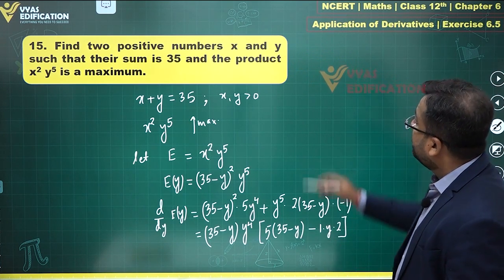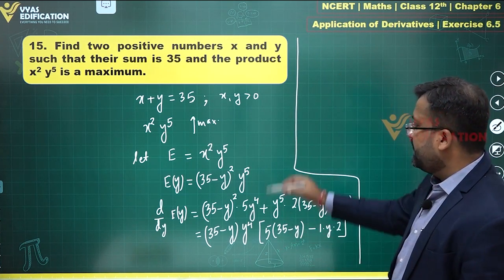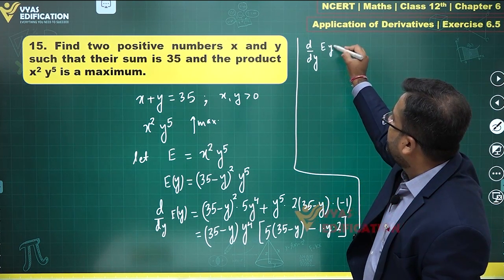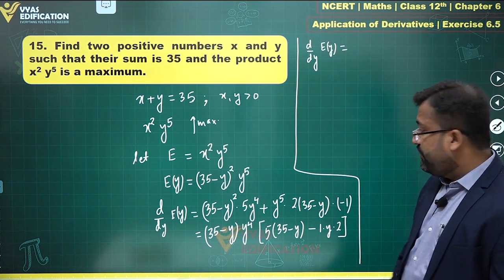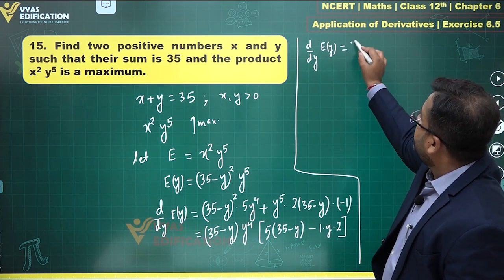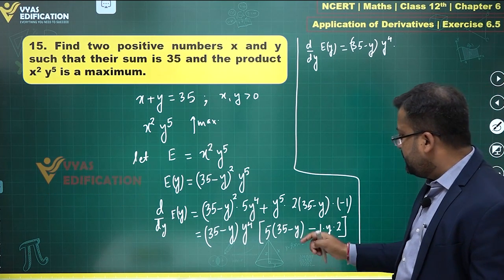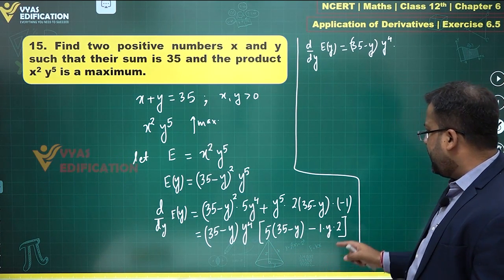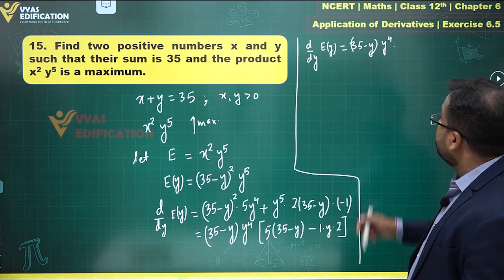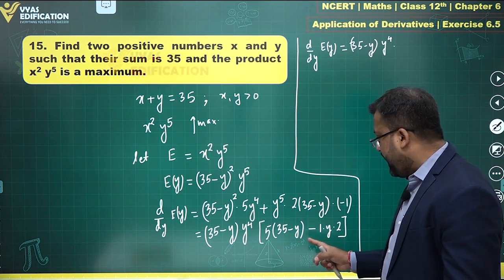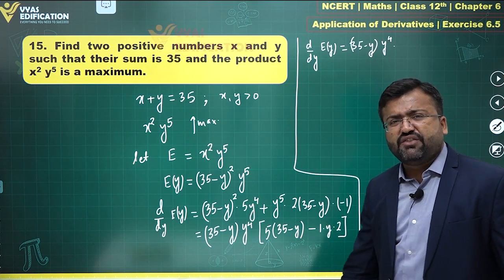On the basis of this, further we can say that d by dy of E(y), the expression in terms of y, is equal to 35 minus y, y power 4, times 5 times 35 minus 5y minus 2y. Minus 5y and minus 2y is minus 7y actually.